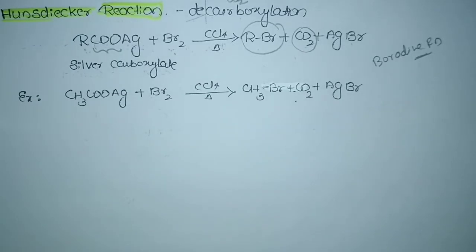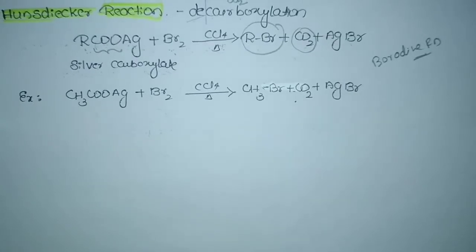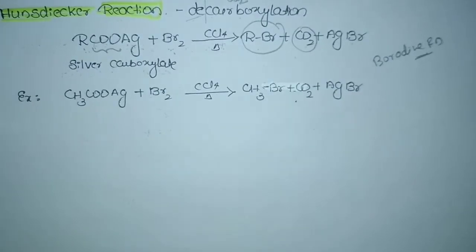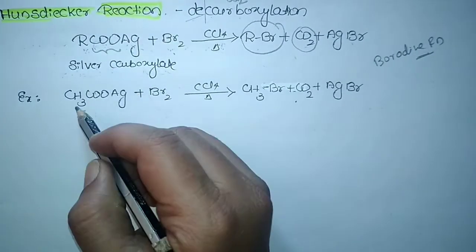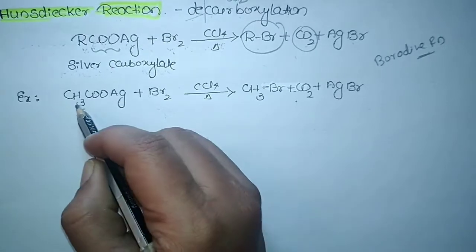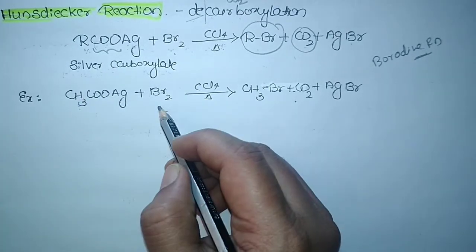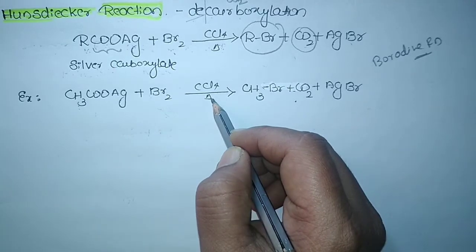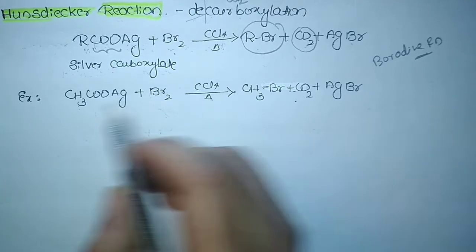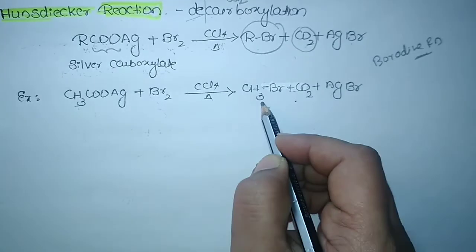One of the best examples is silver acetate, where R is CH3. Silver acetate, when treated with bromine in the presence of carbon tetrachloride, gives CH3Br.